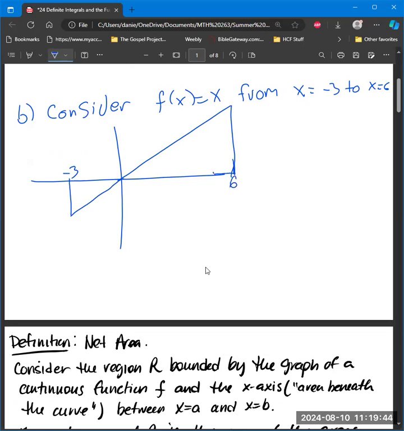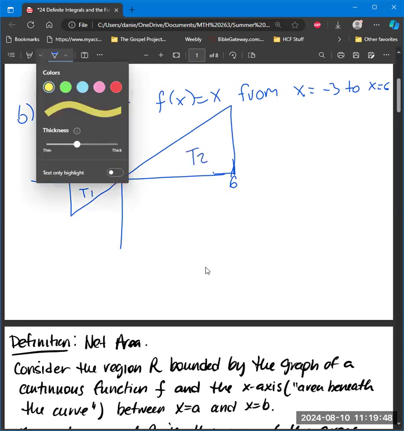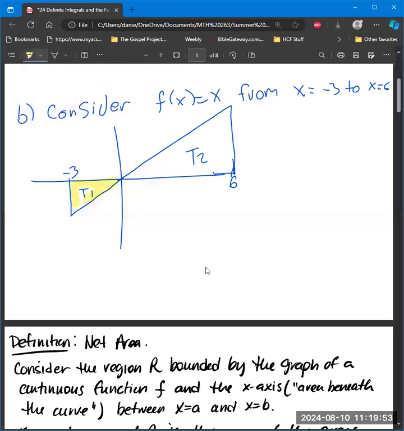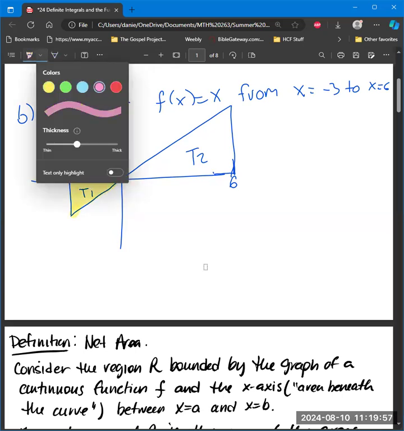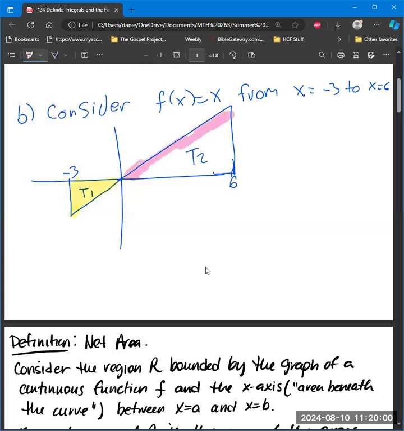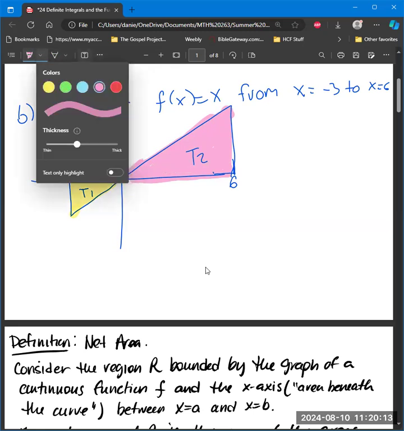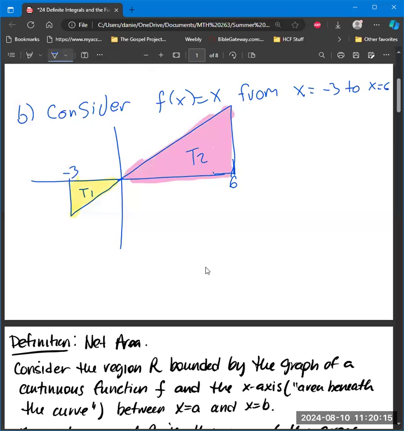And so here's triangle 1 over here and triangle 2. And let's see if I can shade this here in yellow. And let's shade this here in pink. Like this. So that you can see the two triangles that I'm working with. And let me get back to my pen now.